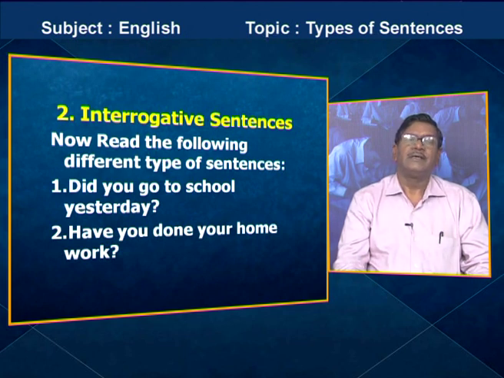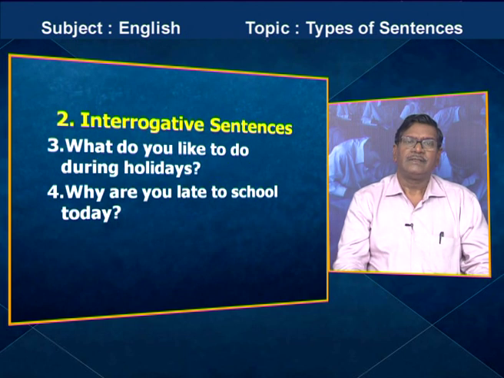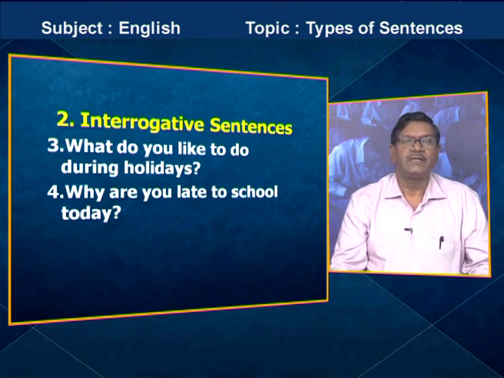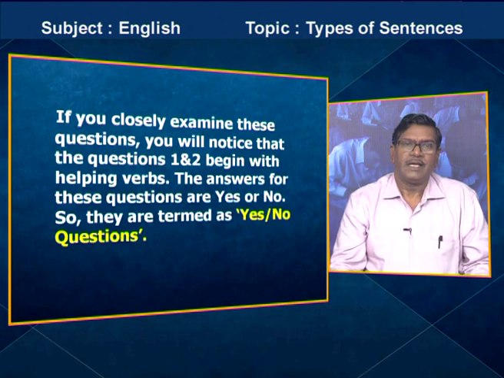Here we notice that these 2 start with a helping verb, whereas sentences 3 and 4, they start with an interrogative word. So, sentences starting with interrogative words, sentences starting with helping verbs.